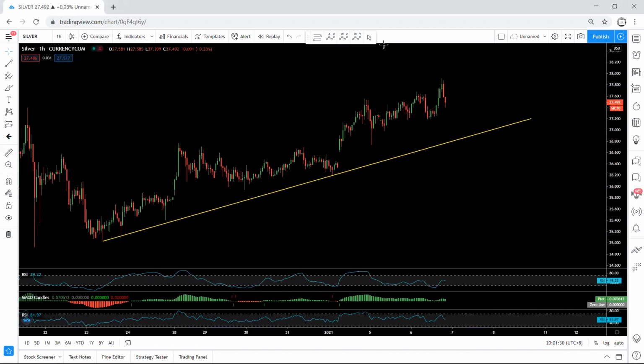The question is whether we can treat this as a correction for the next move up. Based on the 1 hour chart, we don't have any trade setup, but if the price drops some more, any buy setup within this range you can take, but it will be a short-term buy because we are within this correction.